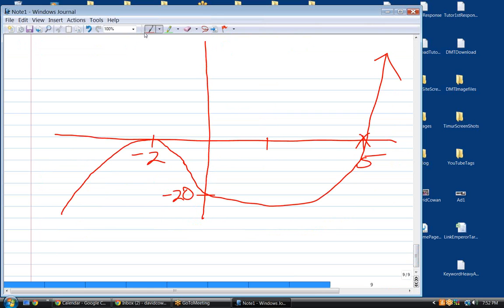So graphing these polynomials comes down to figuring out the zeros, figuring out whether it's an odd or even multiplicity to know whether it's going to cross through the x-axis at that 0 or if it's going to bounce off of it and just kiss it.